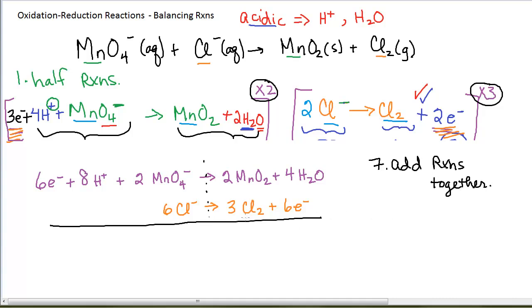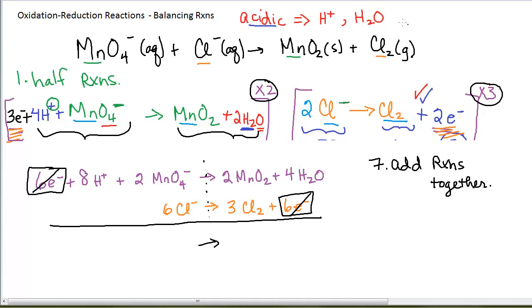When you add chemical reactions together, essentially you add all of the reactants and keep them on the left, you add all of the products and keep them on the right, but anything that shows up on both sides of the arrow identically can be canceled, and your electrons have to cancel at this point. You should have exactly the same number of electrons on both the left and the right, which means you don't write them when you add your reactions together.